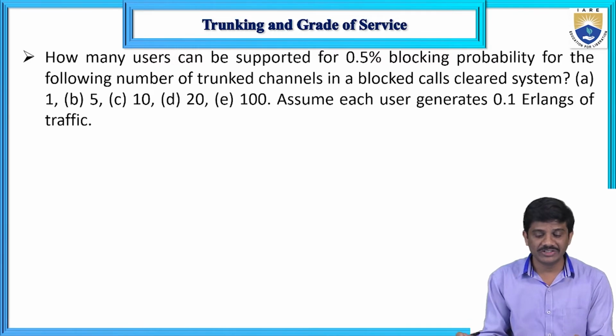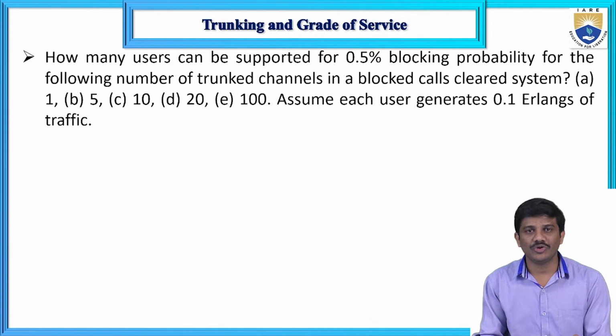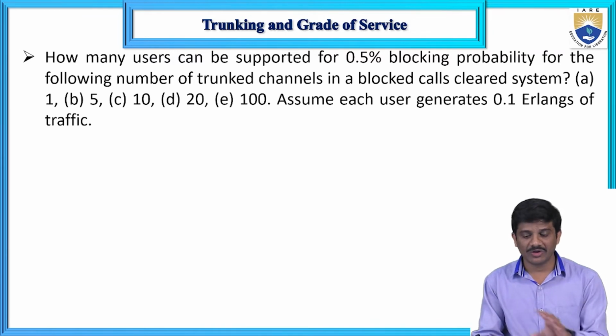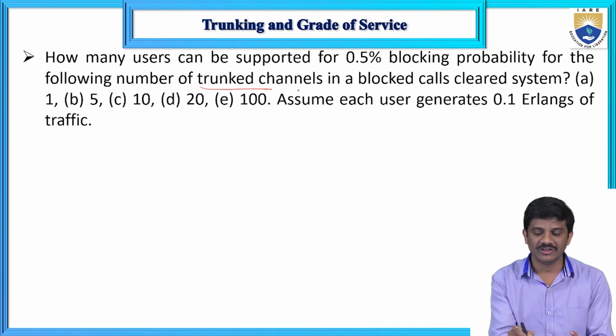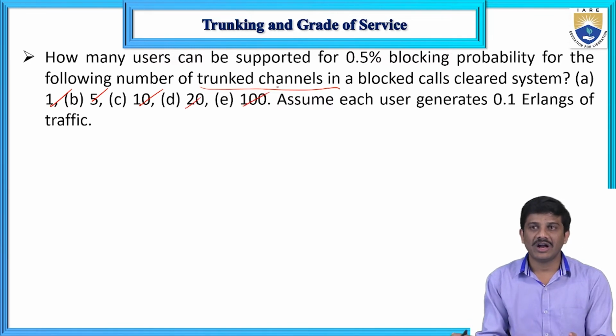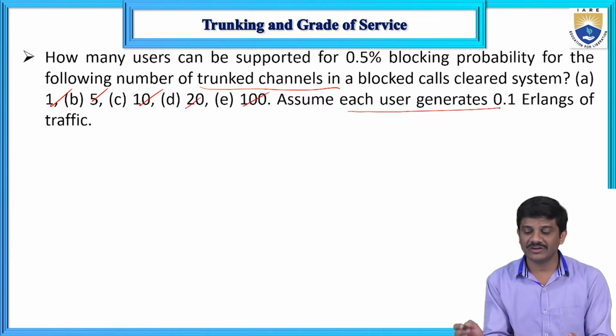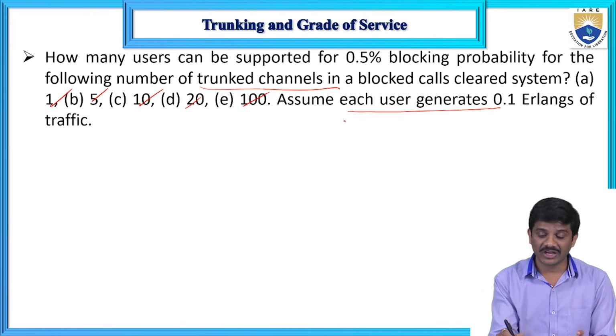A is 1 channel, B is 5 channels, C is 10 channels, D is 20 channels, E is 100 channels. Assume each user generates 0.1 Erlang of traffic.